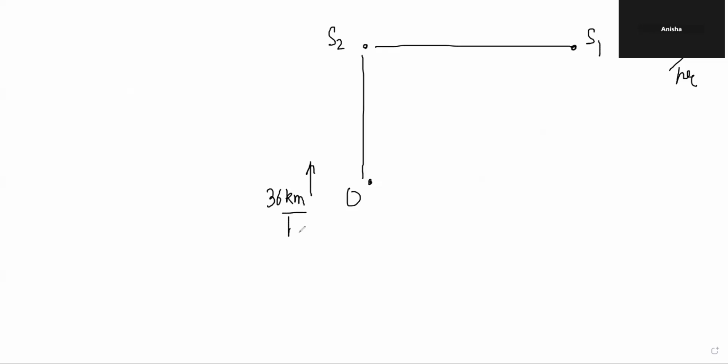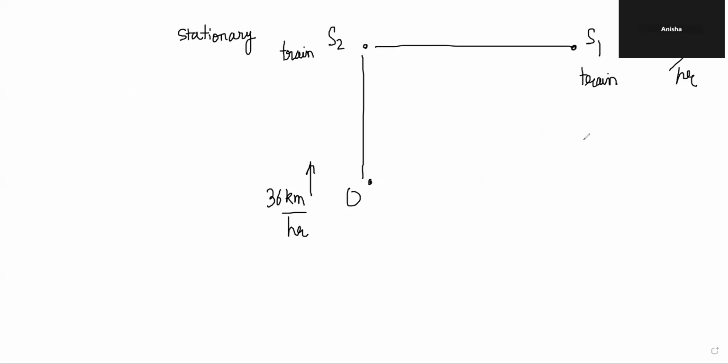This is 2019. So this is a train S1 moving with this velocity. This is another train S2 which is stationary, and observer O is moving at 36 towards S2.